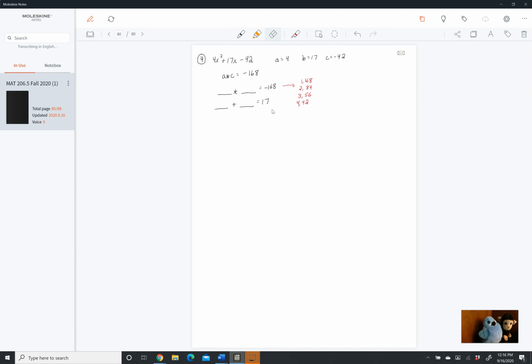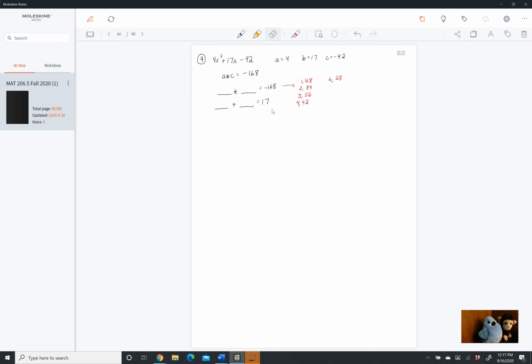It is not divisible by 5. It is divisible by 6, 6 and 28. So if you want to save yourself some time, as soon as there's any sort of question, I would stop and say, okay, well, it is 6 and 28. Can it give us a 17? And it can't, so we have to keep going.